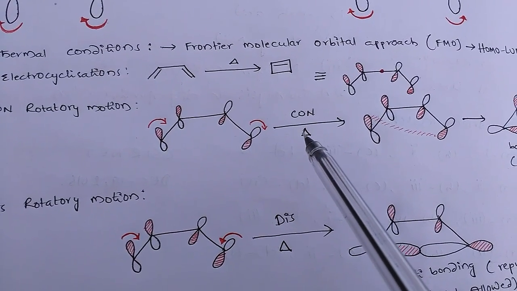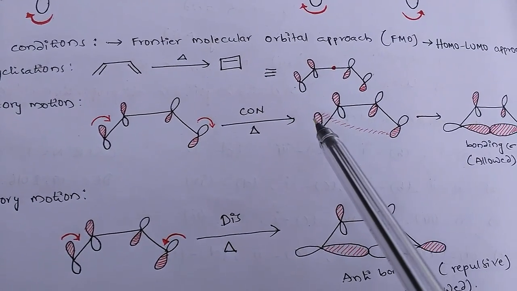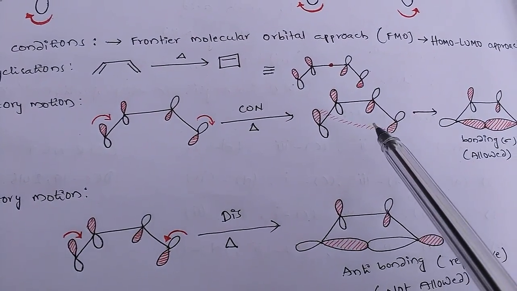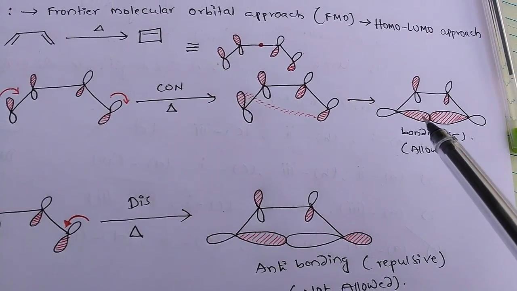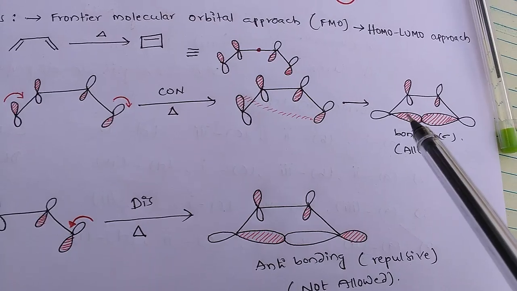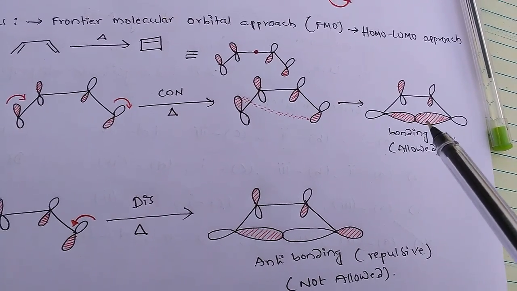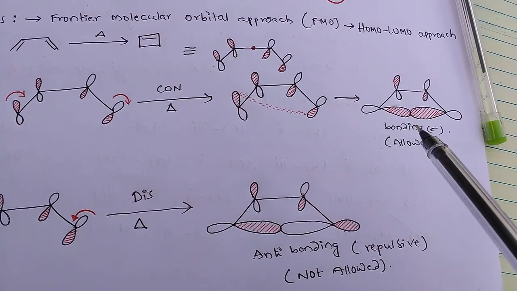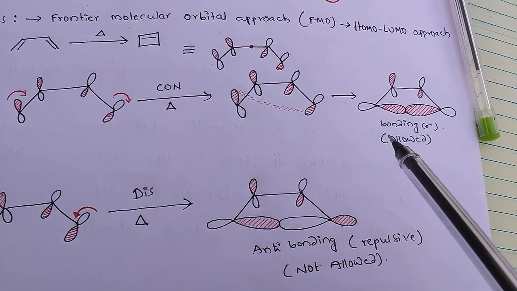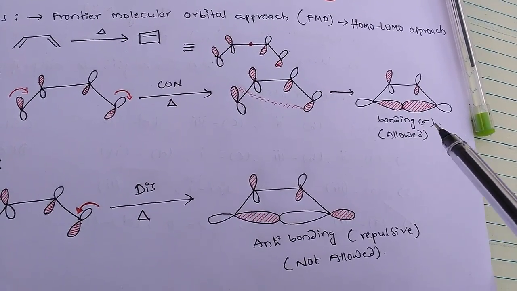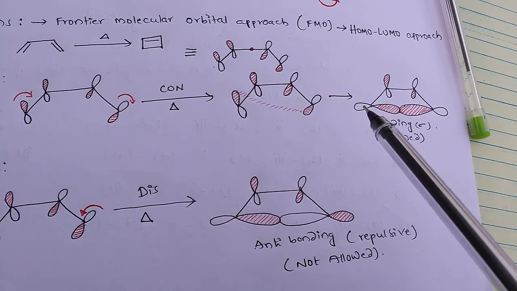if you apply thermal conditions, here I am rotating it and we are getting this bonding. That means the same-side lobes, the same-phase lobes, are bonding here. That means sigma bonding is possible. That means thermally this rotation is allowed.